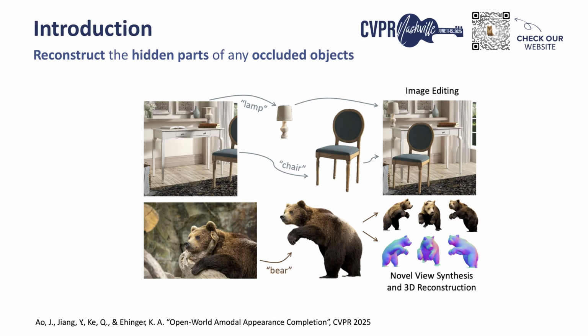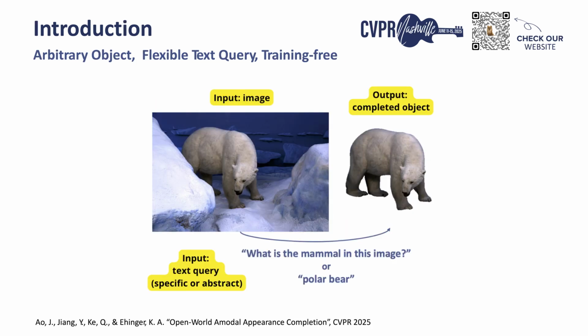These models perform well when dealing with occluded objects within predefined categories, but they fail when faced with previously unseen objects in open-world scenarios. In this work, we explore a training-free approach that leverages the extensive knowledge embedded in pre-trained large models across different domains, bypassing the need for training on specific occlusion datasets.